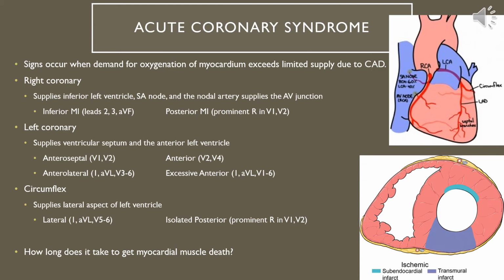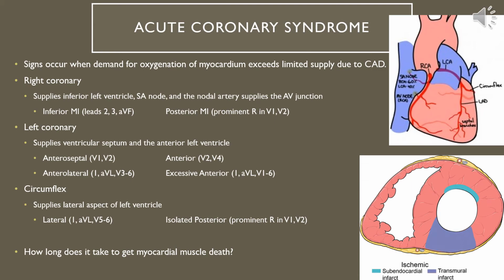In the other 40 percent of people, that comes from the left carotid. But looking at the left coronary artery, it supplies mainly the left ventricle, that ventricular septum, and the anterior left ventricle, and the circumflex supplies the lateral aspect of the left ventricle.